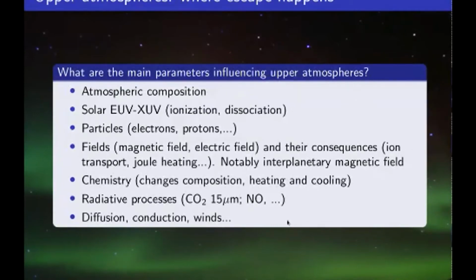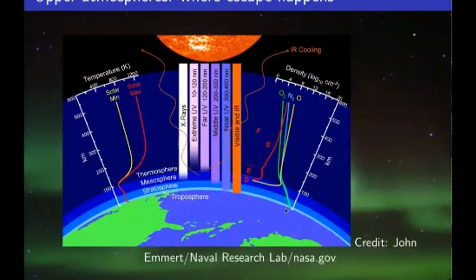And of course, we have to consider the processes, so the chemistry, which can change the composition, heating and cooling, the radiative processes, and all the dynamic processes of diffusion, conduction, and wind. So putting an example with the Earth, we can see that all of that together really affects the upper atmosphere.